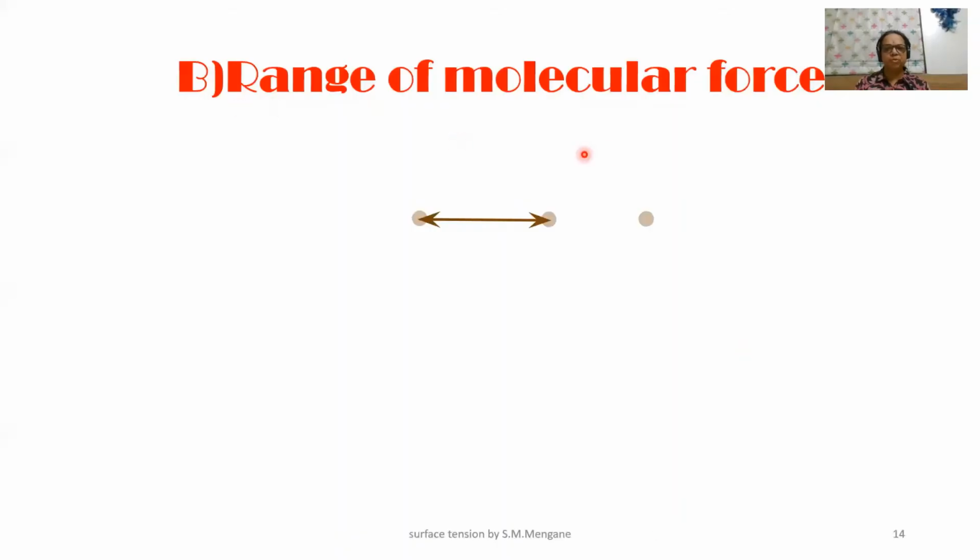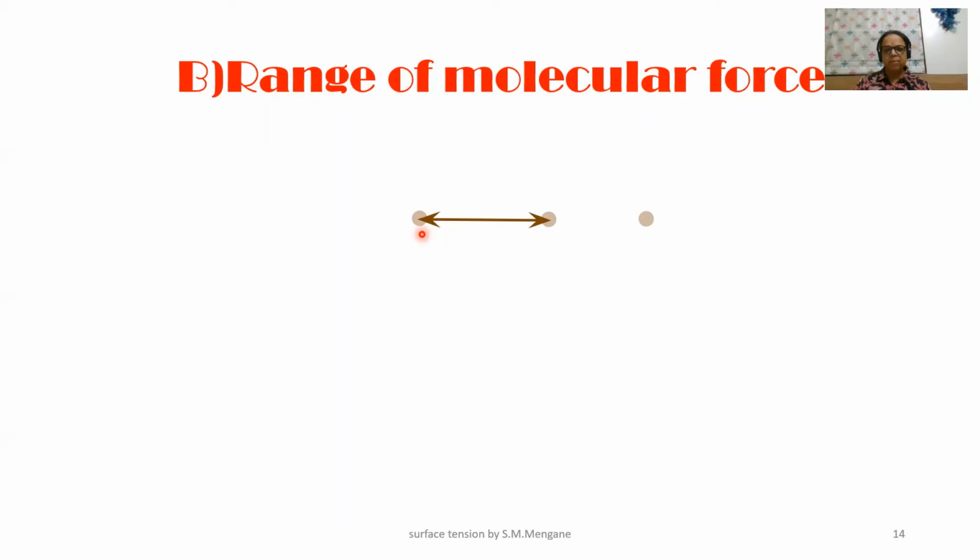Range of molecular force. To study this, remember that in electrostatics we have studied charges. There is a force of attraction between unlike charges and repulsion between like charges. If these are two positive charges, then there is a force of repulsion. If one is positive and the other negative, then there is a force of attraction.